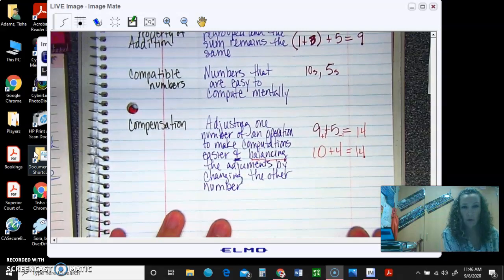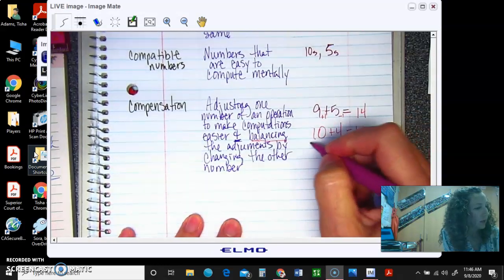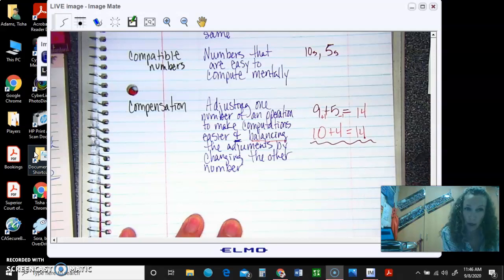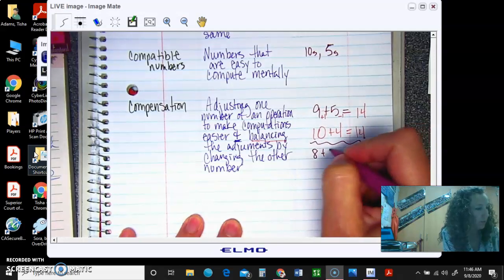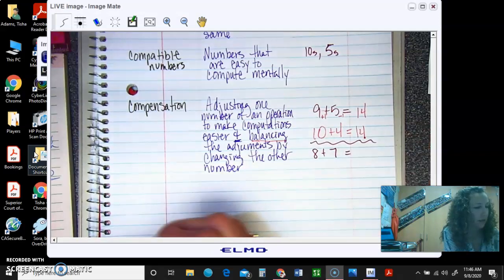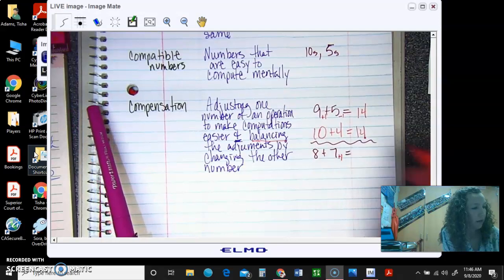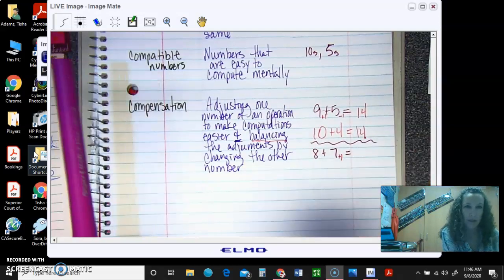Make sure you guys can still see it. If your problem is 8 plus 7, the way I compensate here is I'm going to add 1 to that 7.